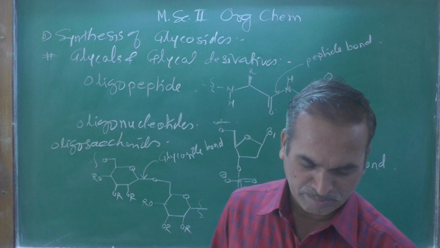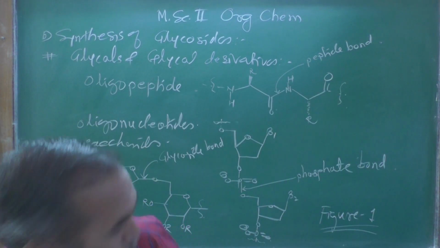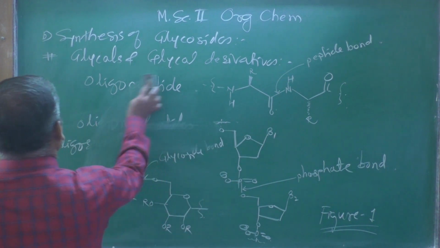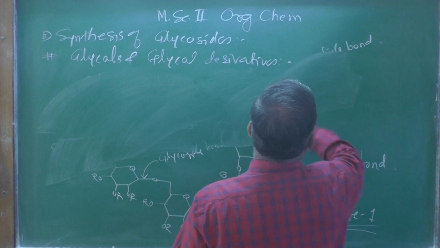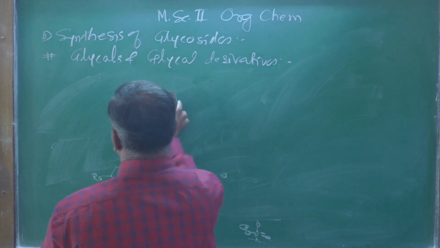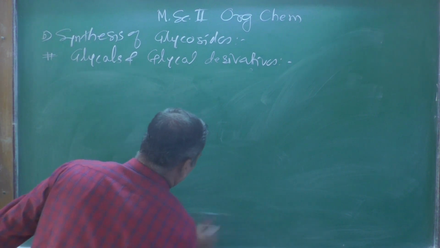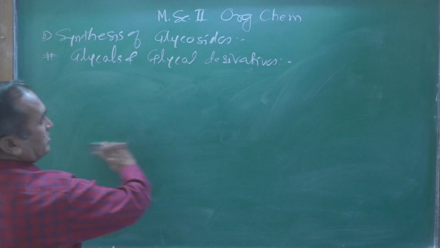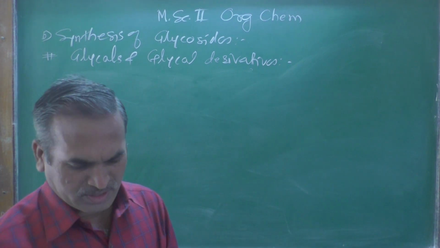Scheme number B is shown further. Let me show you scheme A and the second scheme, and let us see how we get the glycals and the glycal derivatives over here.